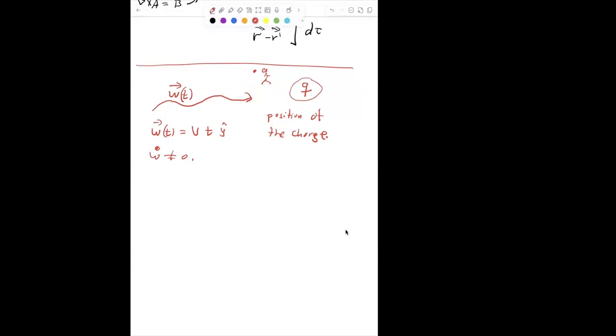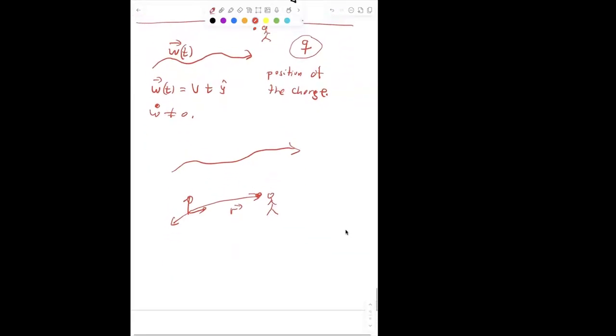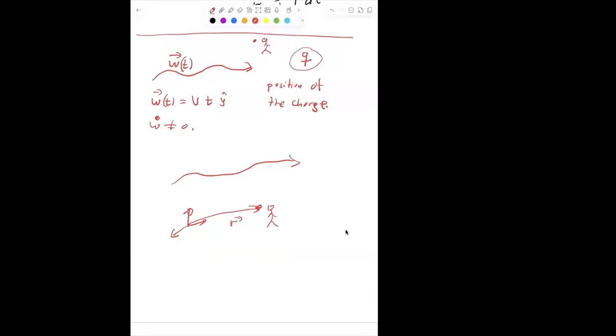So we have this trajectory of the particle, and we have a reference frame as usual, and we have some R. This is R. I'm interested, as usual, in the electric field and magnetic field at this point R. Of course, this is a general point, and this reference frame is just an arbitrary reference frame.